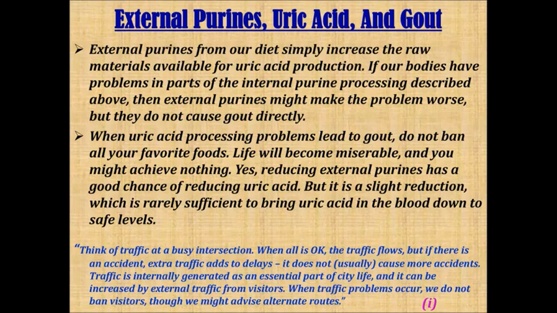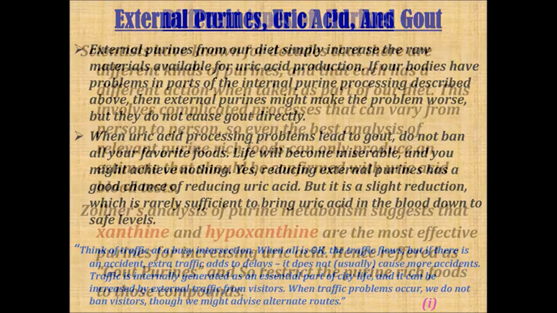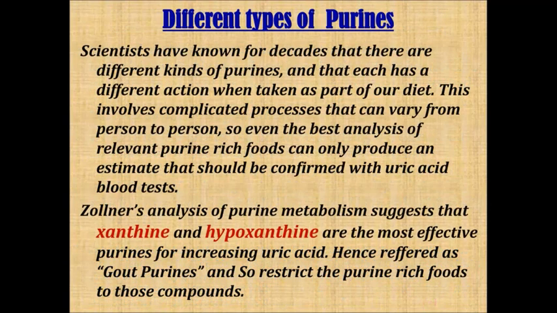It does not usually cause more accidents. Traffic is internally generated as an essential part of city life, and it can be increased by external traffic from visitors. When traffic problems occur, we do not ban visitors, though we might advise alternate routes. Okay. Now coming to the different types of purines.